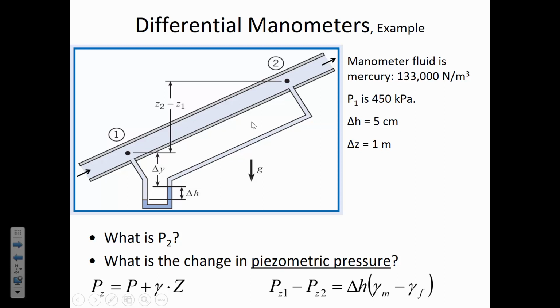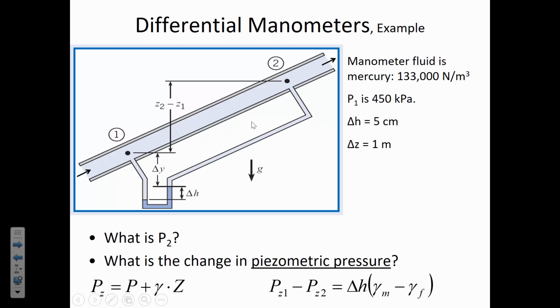Then we go down delta Y through water, go down delta H through water. So both of those are pluses. That gets us to the interface here. The pressure here and here are the same because they're at the same elevation through the same fluid. Now we go up delta H, so minus is because we're going up through delta H of mercury.